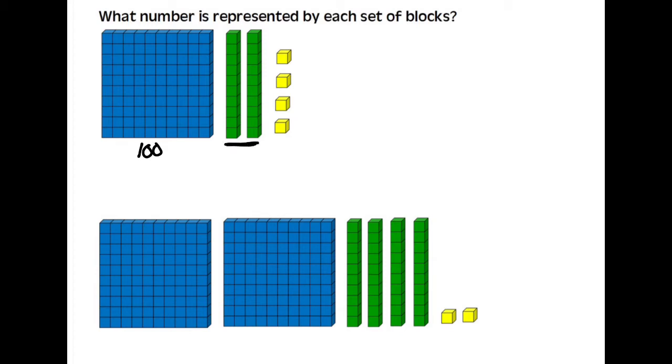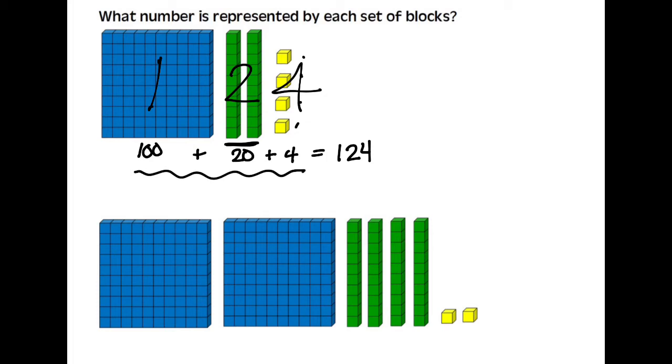Now the greens are tens, so we have 2 tens. So 10 and 10 is 20. And then we have 4 singles. So we're going to add all of those up, and we have 124. Now this down here, we'll get to that later.